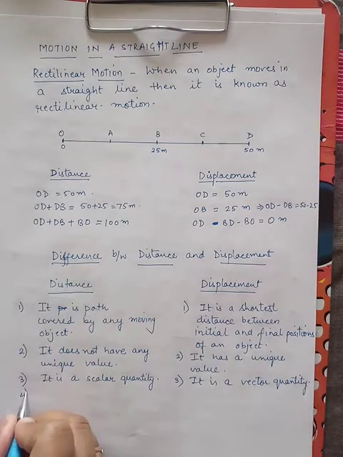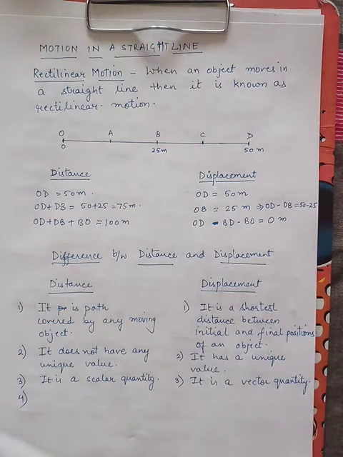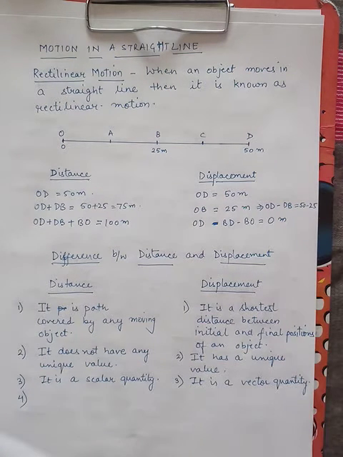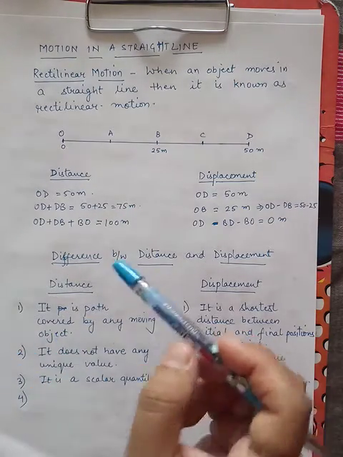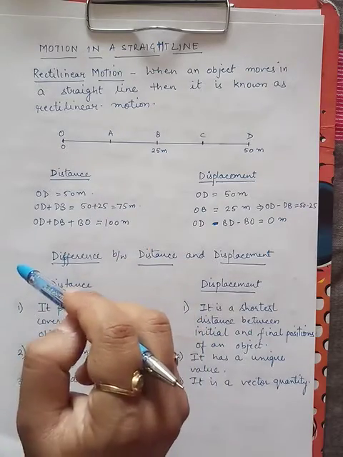Fourth point of difference: distance is always greater than or equal to displacement. This concept we can understand in this example.